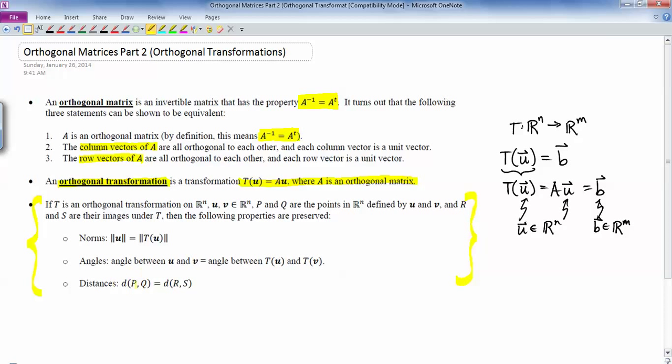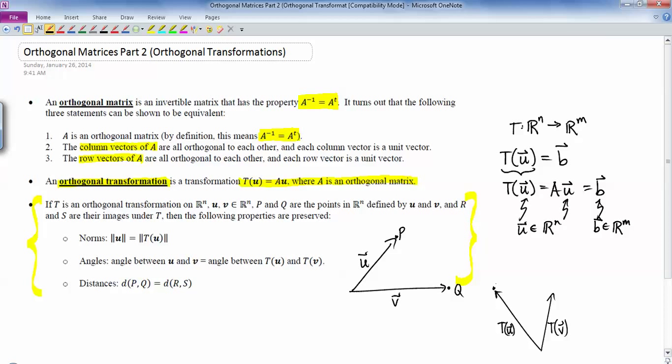And then P and Q are these ideas here. If I have U here and V here, and this point at the end is P, and this point at the end is Q, then the distance between P and Q is the same as the distance between T of U and T of V.